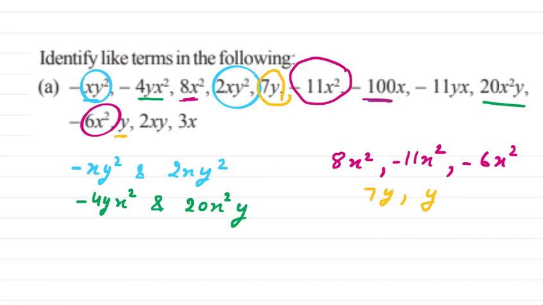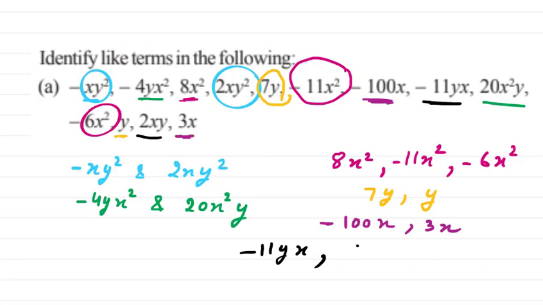Next we have minus 100x and 3x, so these two are like terms. Now we have the last one, that is minus 11yx, and like this we have 2xy.